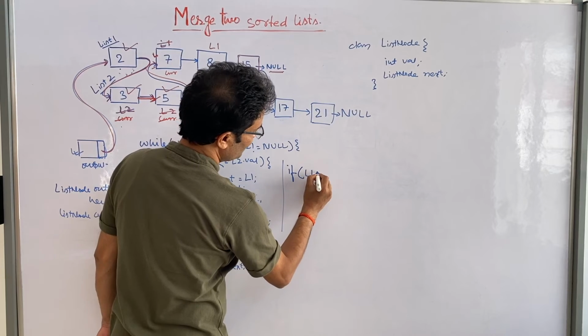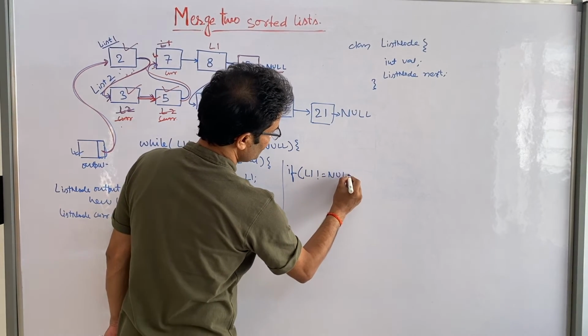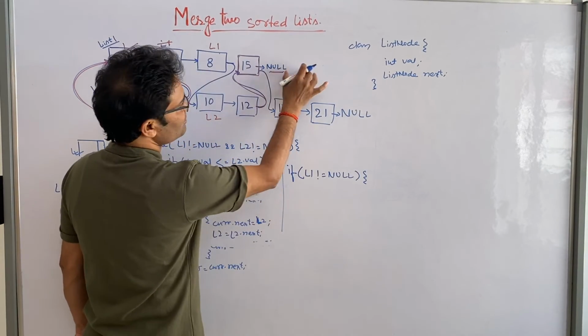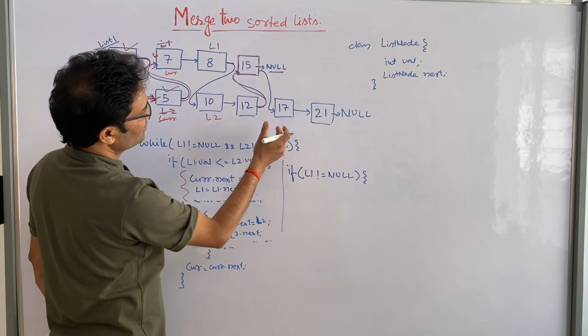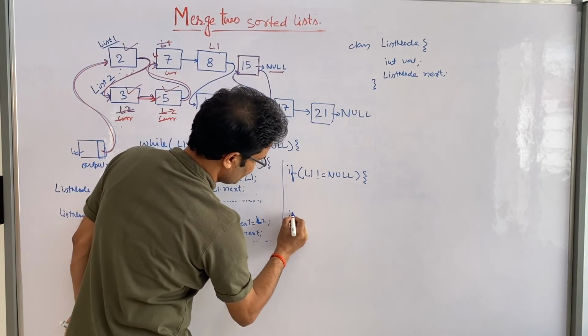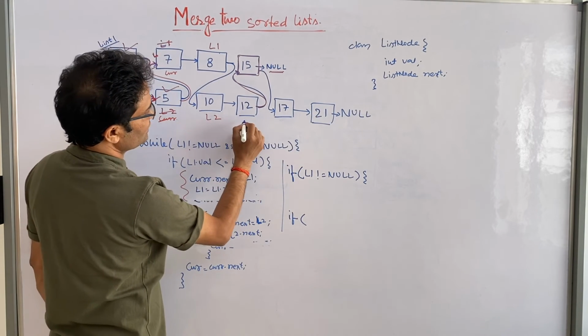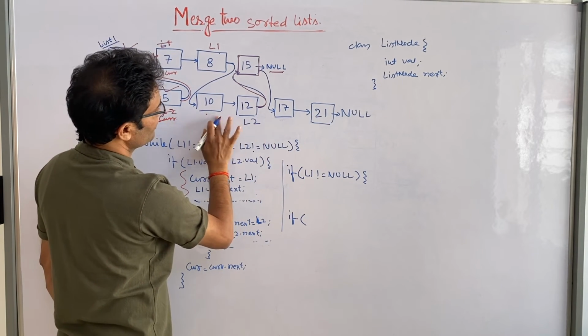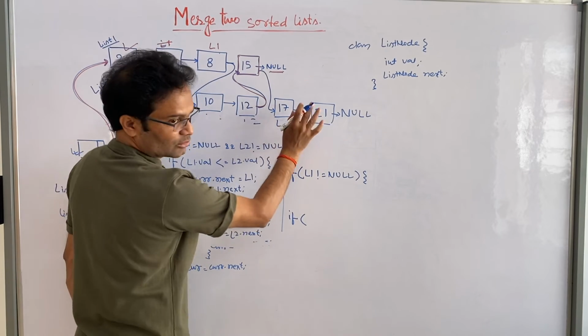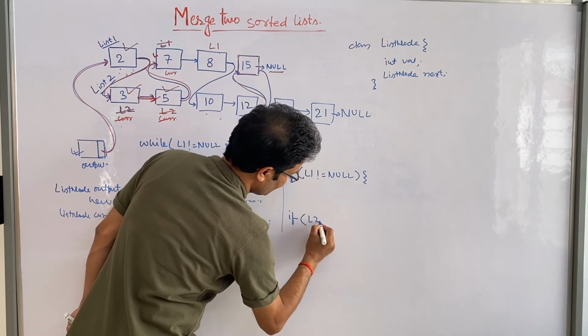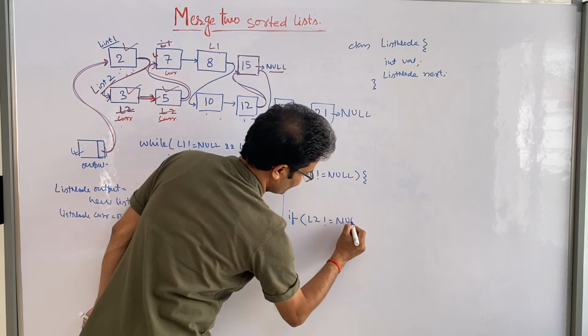if L1 is not null, or suppose this part is... okay, first check in this diagram only. L2 is not null, because it becomes the L2 here and then L2 here, it is not null. So check if L2 is not null.